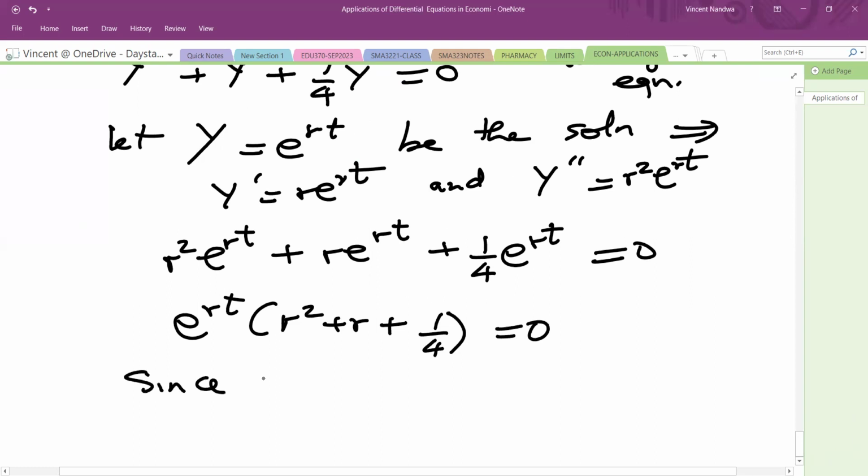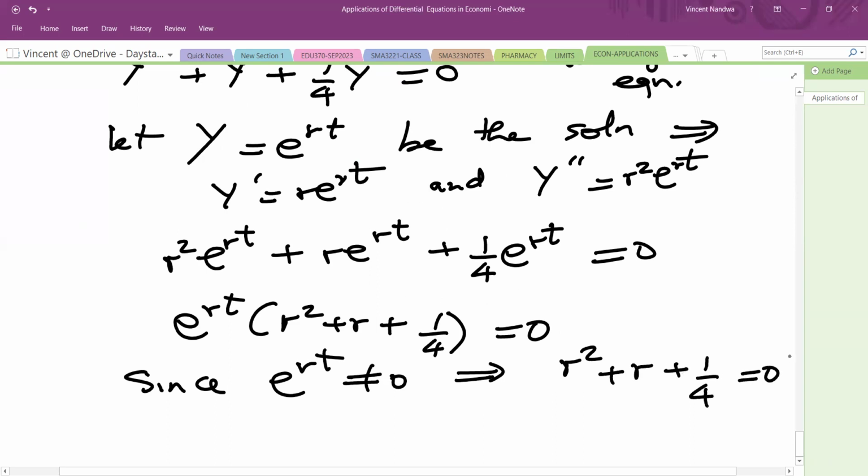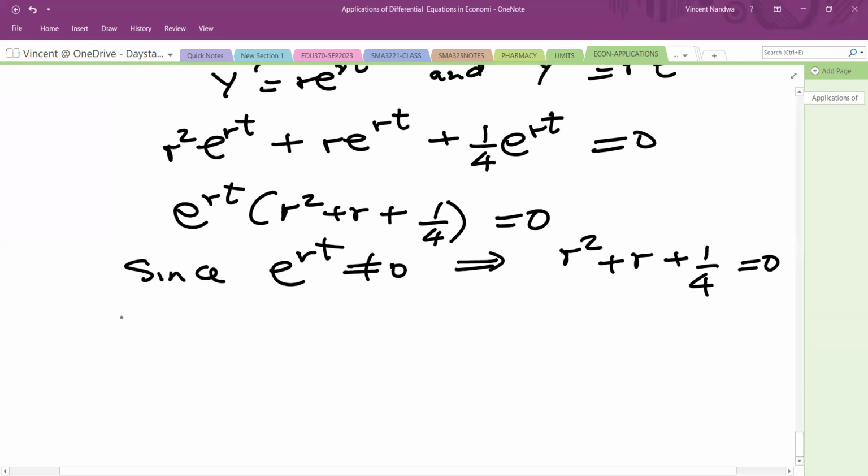Since the exponential can never be 0, this means r squared plus r plus a quarter is 0. And this is what is called the characteristic or auxiliary equation.